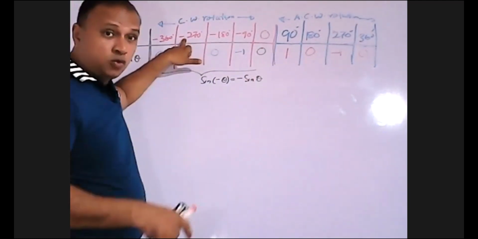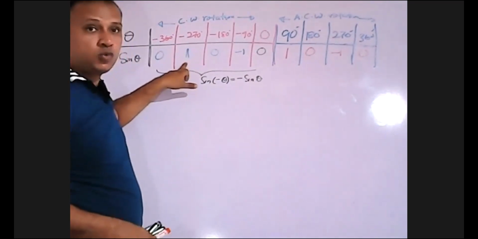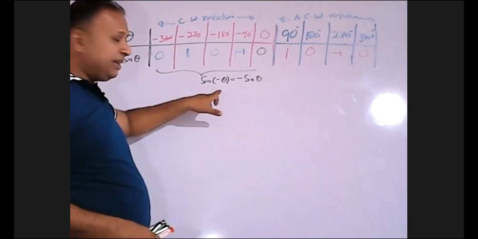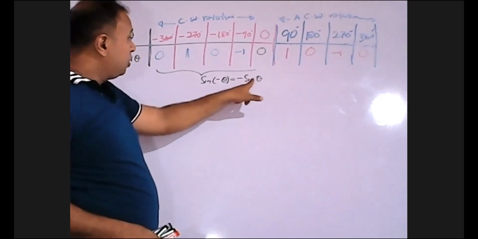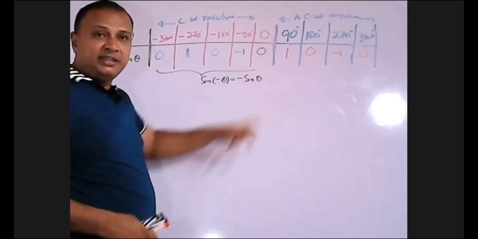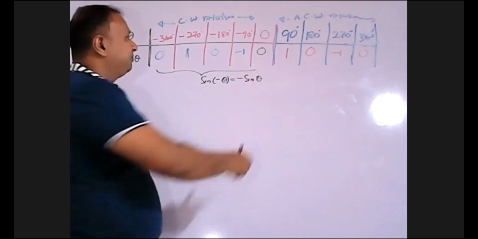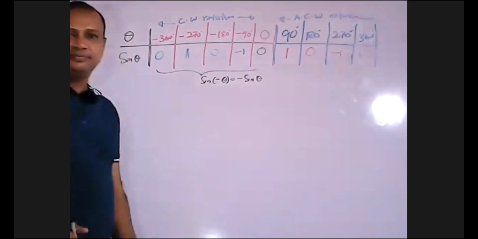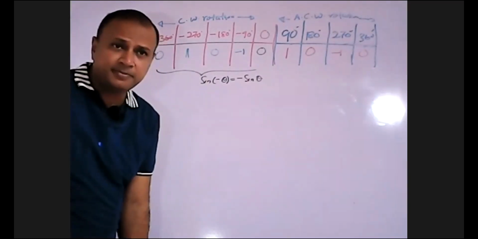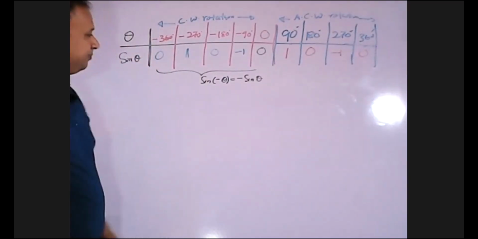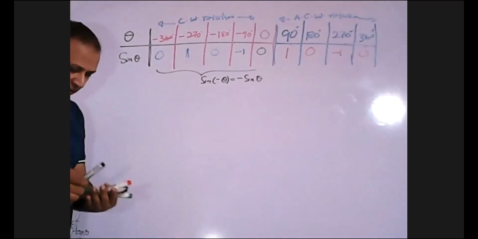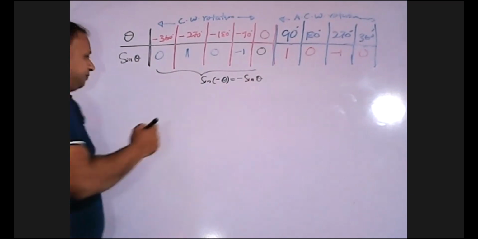Sine minus 270 is equal to plus 1. Therefore, sine minus theta is equal to the minus value of sine theta. Did you get my point? Yes, sir. Okay. Now you can draw the graph.